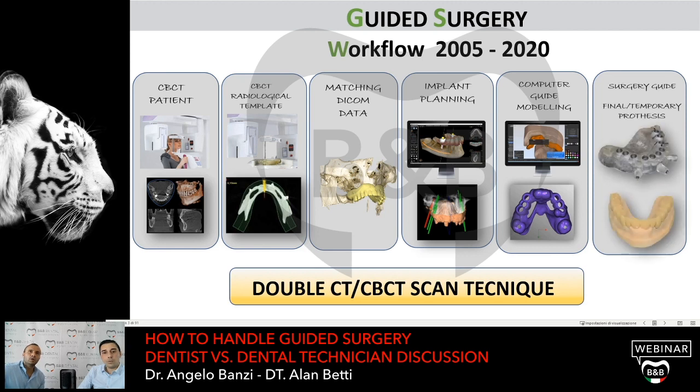And thanks to the CAM and a 3D printer, we are going to get the surgical template and the prosthesis. I mean, the prosthesis can be a temporary prosthesis, or the final prosthesis, the real one.